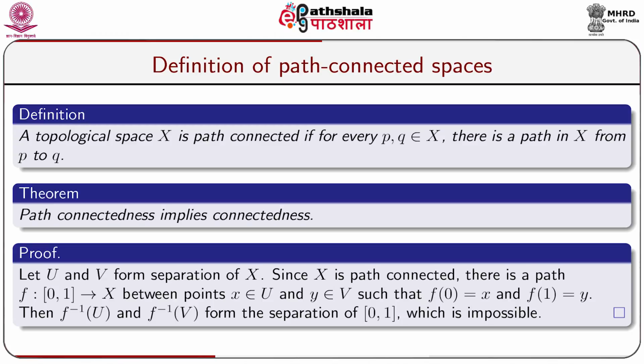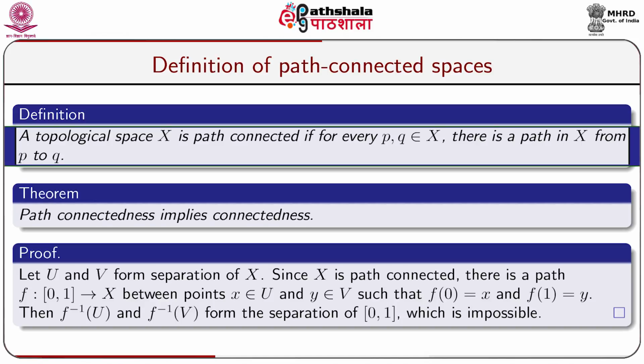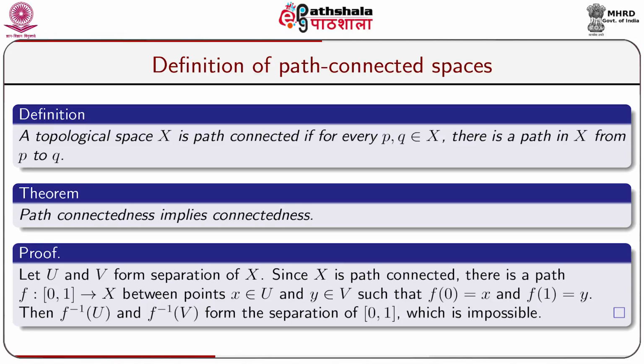Our main definition in this module: a topological space X is said to be path connected if for any 2 points P, Q belonging to X, there exists a path in X from P to Q. That means there exists a continuous function f from the interval [0,1] to X such that f(0) = P and f(1) = Q. In fact, there is nothing special about the closed interval [0,1].